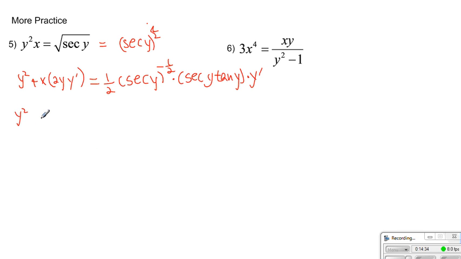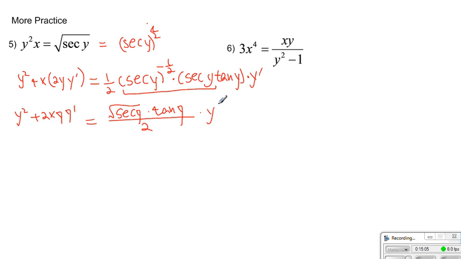If you have to rewrite this one, we will end up getting something like this: y squared plus 2xy y prime, which is equal to, now when you combine this one and this one, you will realize that 2 will be in the denominator, and we will have the square root of secant of y times tangent of y times y prime.